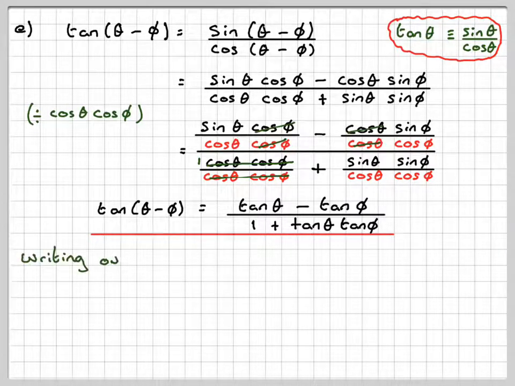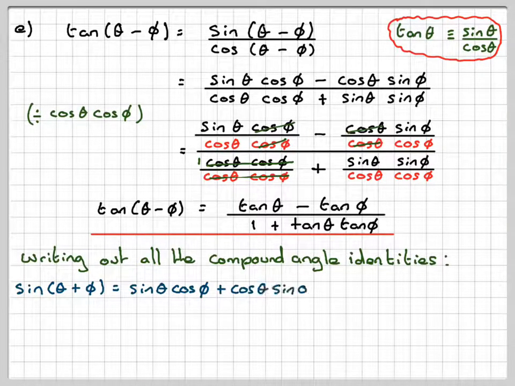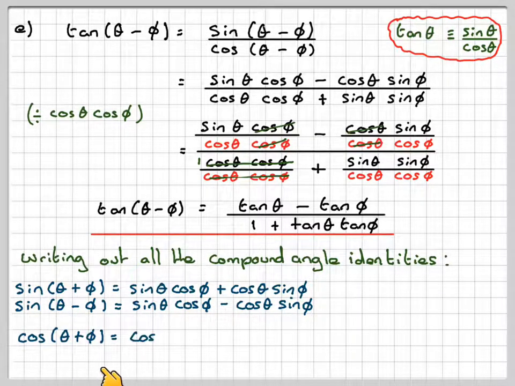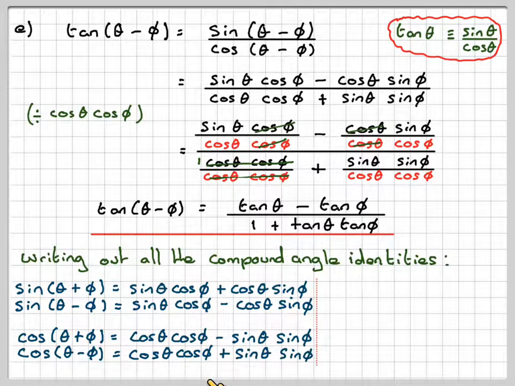So writing them all out, there are now 6. You get sine of theta plus phi is sine theta cos phi plus cos theta sine phi. Sine of theta minus phi is sine theta cos phi minus cos theta sine phi. Cos of theta plus phi is cos theta cos phi minus sine theta sine phi, and then cos of theta minus phi is cos theta cos phi plus sine theta sine phi.